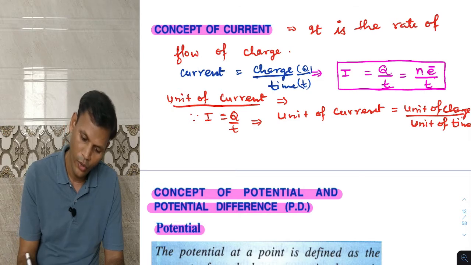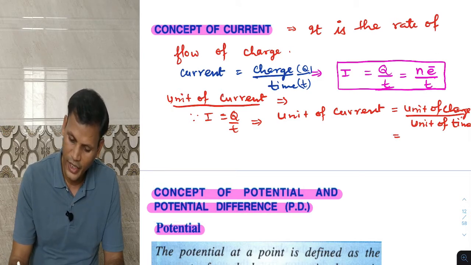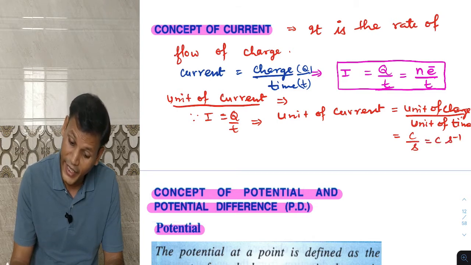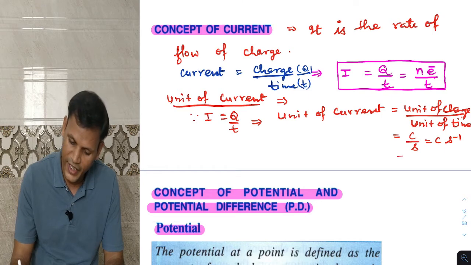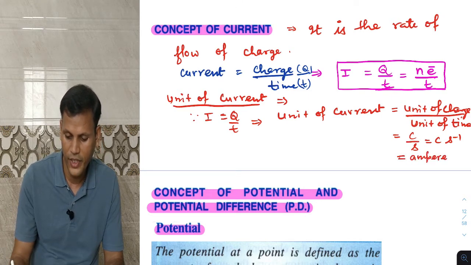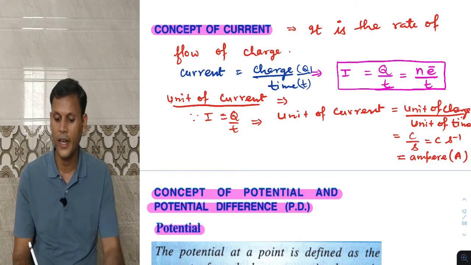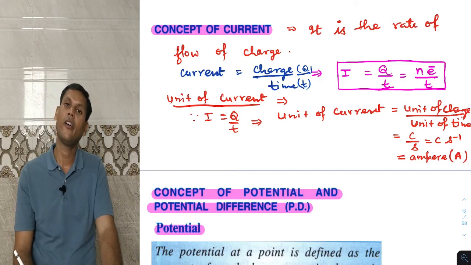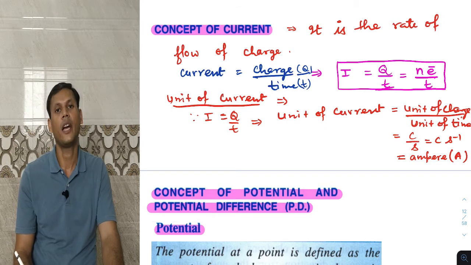We know the unit of charge is coulomb, and the unit of time is second. So it can be written as coulomb per second, and coulomb per second itself is ampere, which is represented by capital A after the name of the scientist, Ampere.